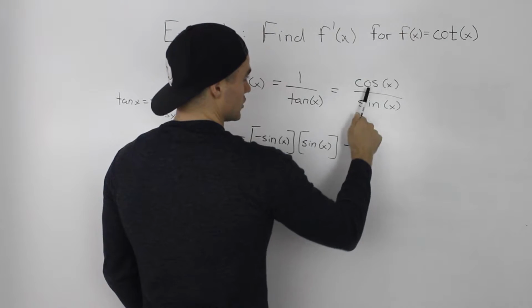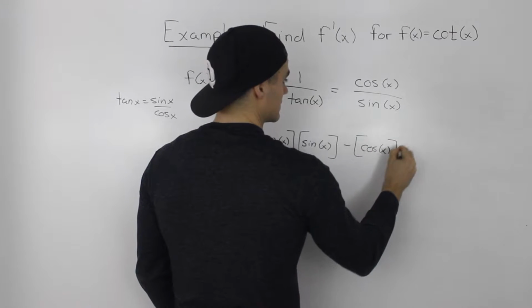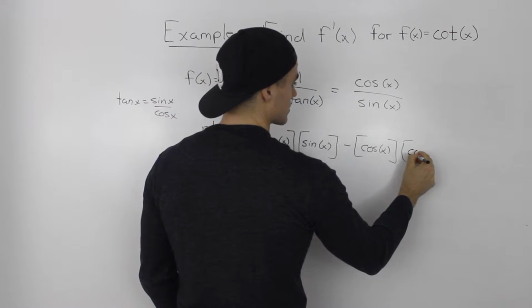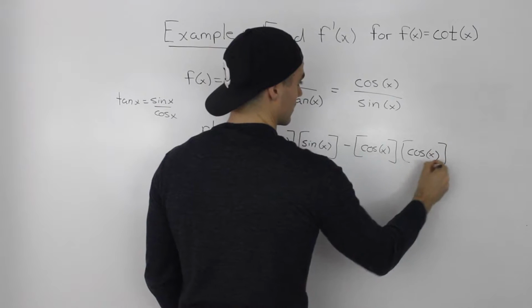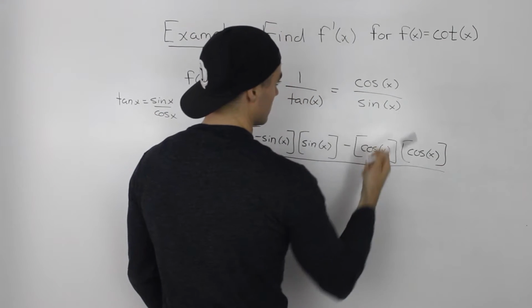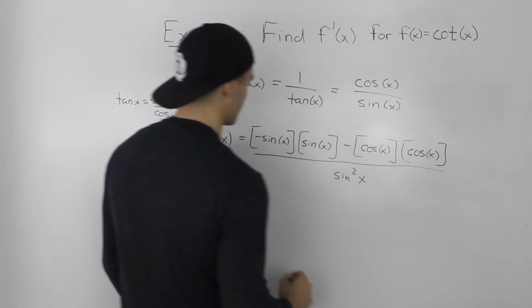Minus the function in the numerator as is, this cos x, times the derivative of the denominator. The derivative of sine x is cos x. And this is all over the function in the denominator squared, so sine squared x.